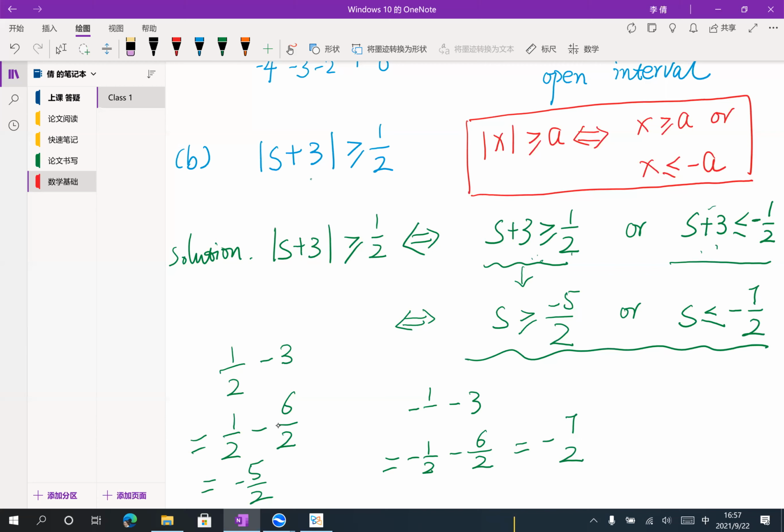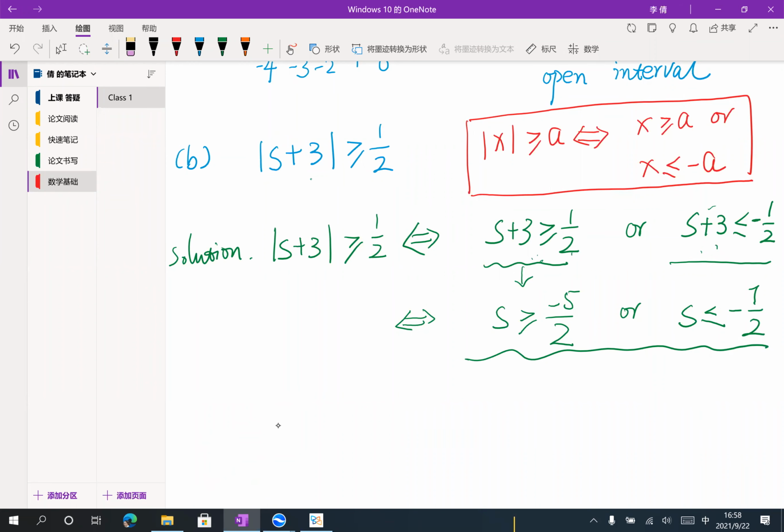Okay, let's see this solution on the real line. This is 0, and this is a negative number, and this is also a negative number.